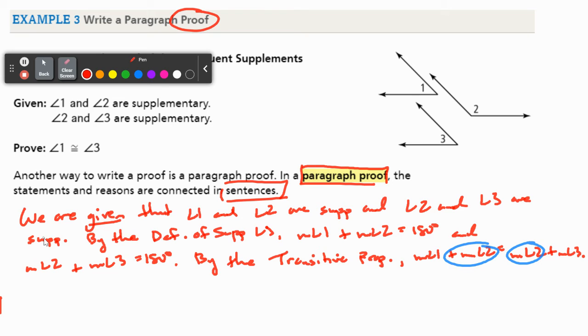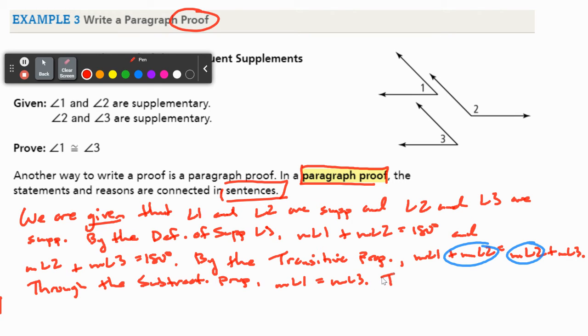So in the next step, through the subtraction property, the measure of angle 1 will equal the measure of angle 3. That is by subtracting away the measure of angle 2.